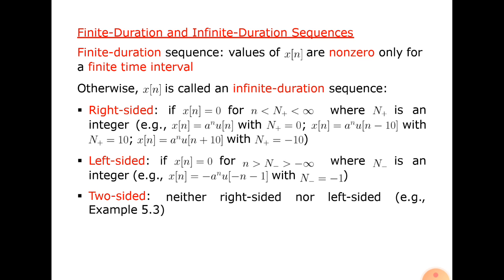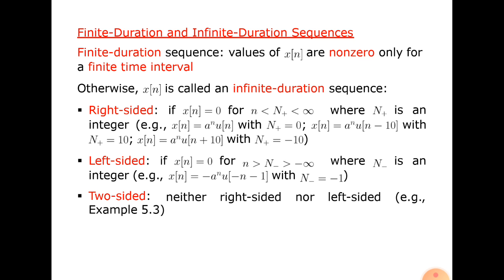Left sided sequence means x of n is equal to 0 for n greater than n2, where n is an integer.